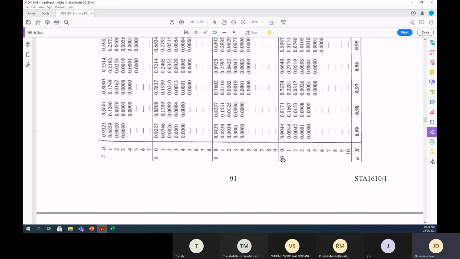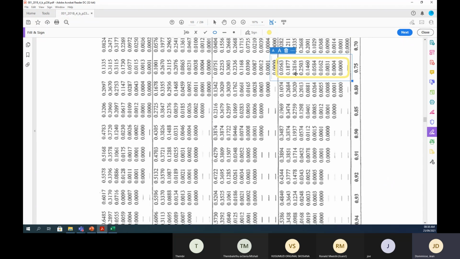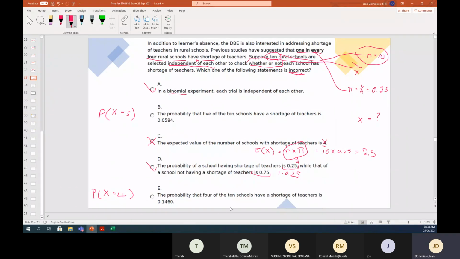So if that is 10, that is 0, 1, 2, 3, 4. So the probability of x equal to 4 is 0.1460, and the probability of x equal to 5 is 0.0584. So the probability of x equal to 4 is 0.1460, which is correct.